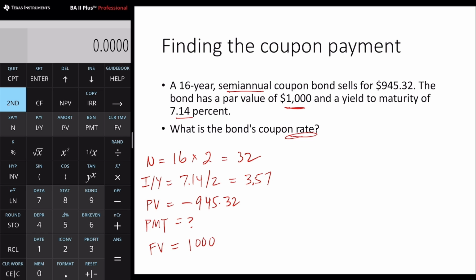All right, so let's put this into the calculator and see what it tells us. 32 is N, 3.57 is our I over Y, negative 945.32 is our present value amount, 1,000 is our future value.